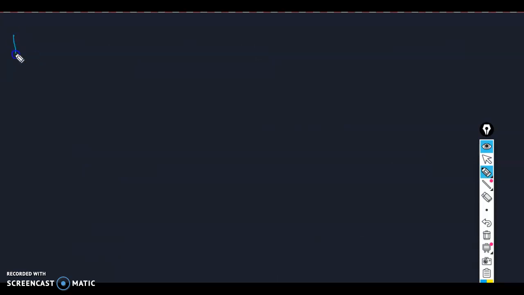Let's begin by looking at 1A. On 1A, we would have a front view of a rectangle that is 6 centimeters by 4.5 centimeters. Remember, the front and the back views are the same.